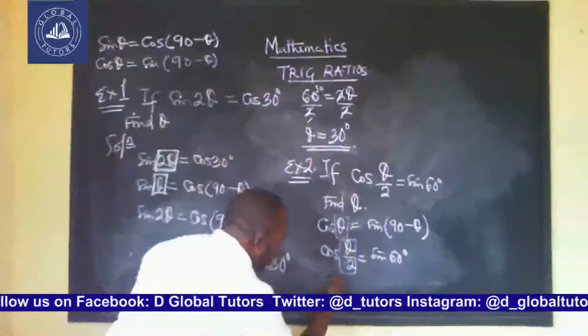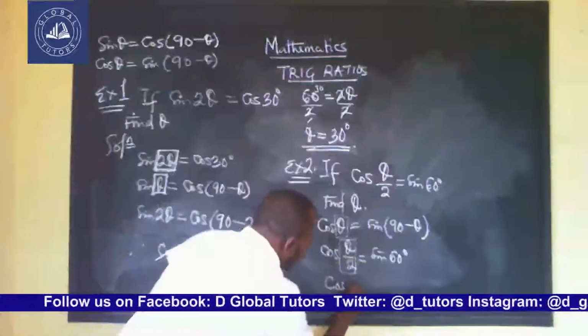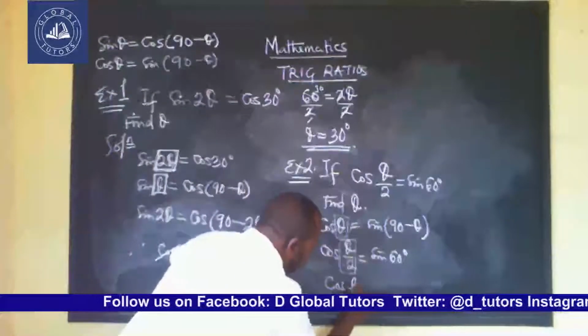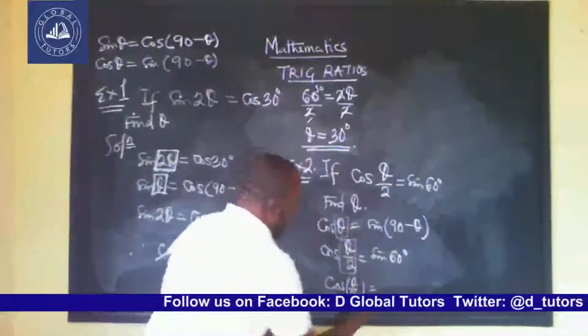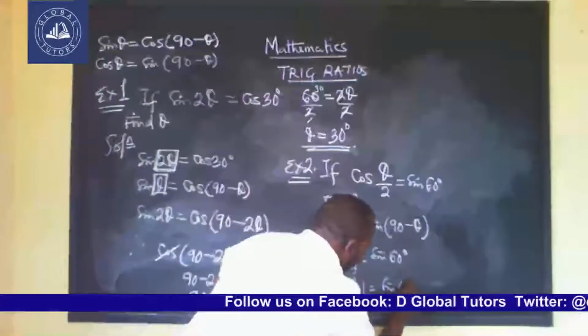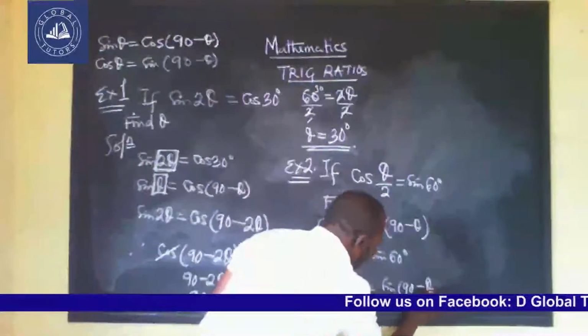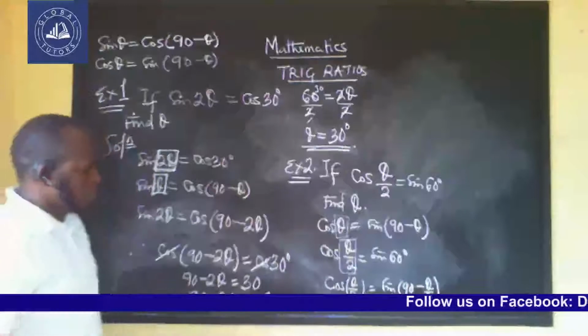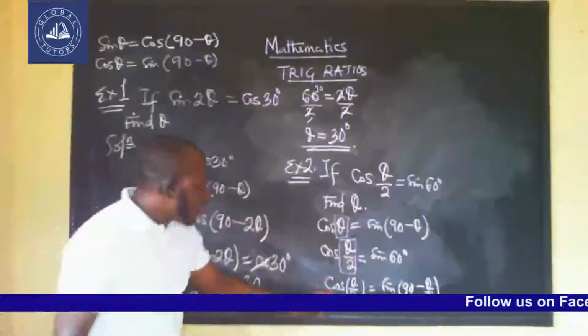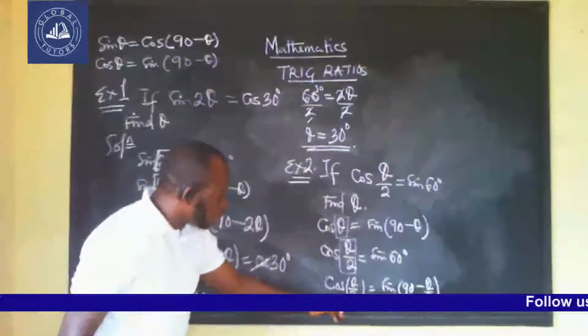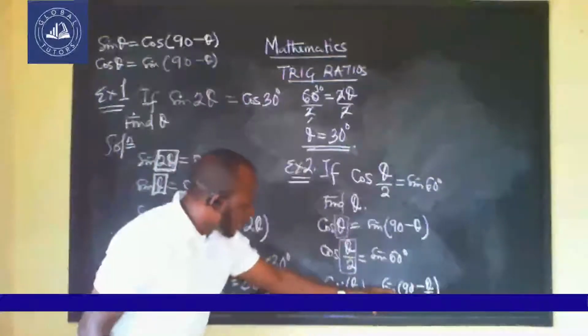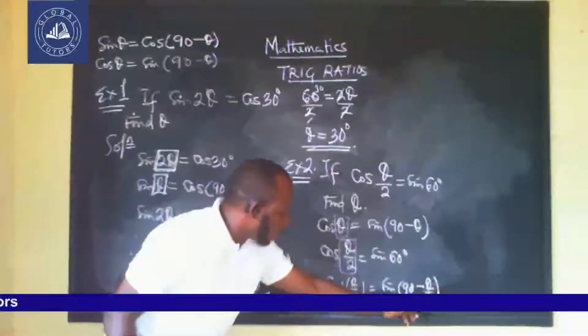So I can write cos theta over 2 as sine 90 minus everything here, theta over 2. So anywhere I see cos theta over 2, I can replace it as sine 90 minus theta over 2.